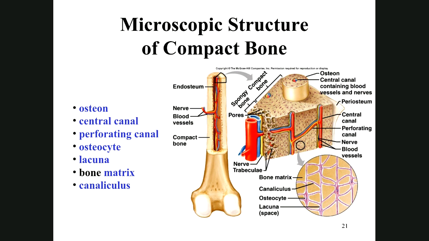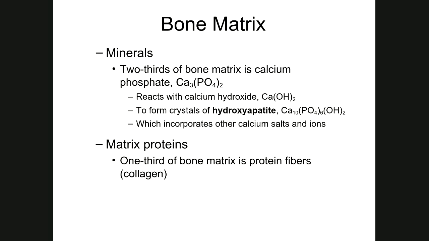What is the matrix? Well, the matrix is mostly this thing right here. It's called calcium phosphate. Calcium is +2, phosphate is PO4 3 minus. So calcium phosphate, Ca3(PO4)2.